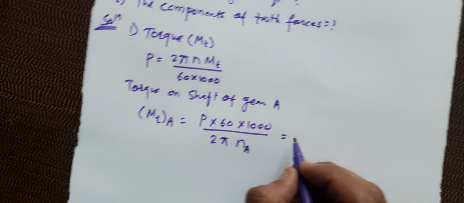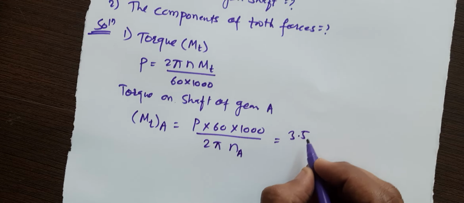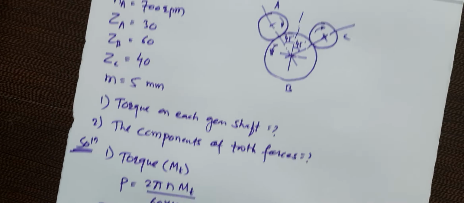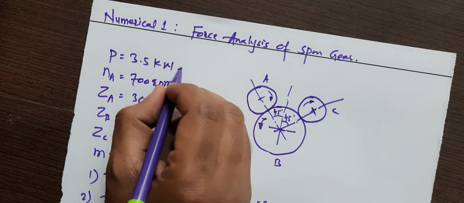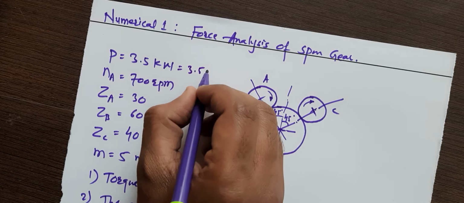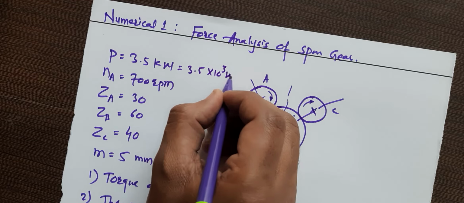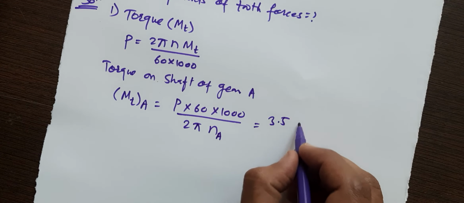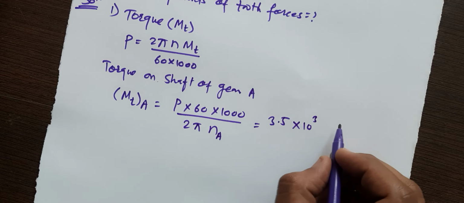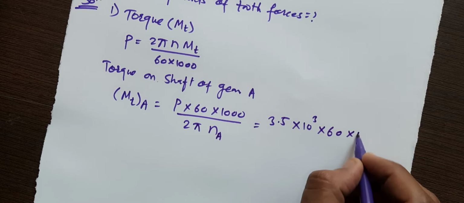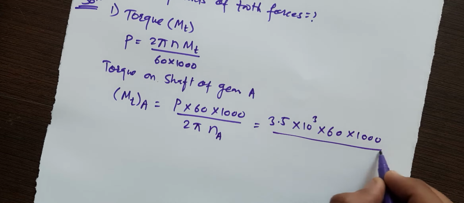Now power is given as 3.5 kilowatt, so you have to convert it into watts, 3.5 into 10 raised to 3 watt, into 60 into 1000 divided by 2 pi into N. N is given as 700.